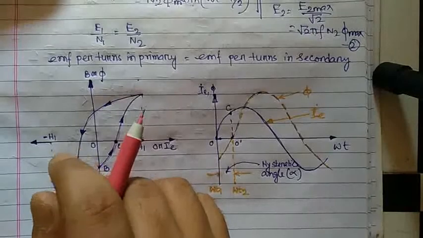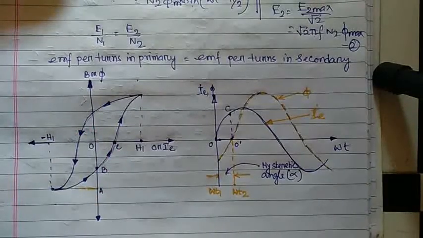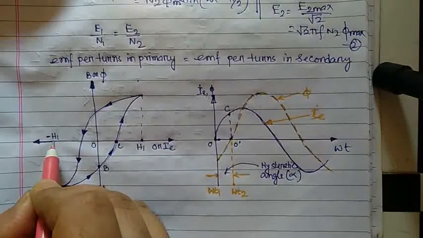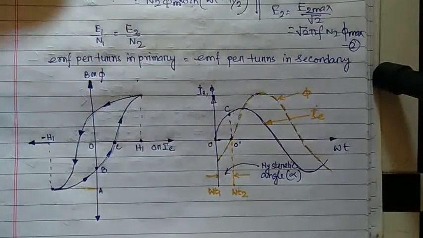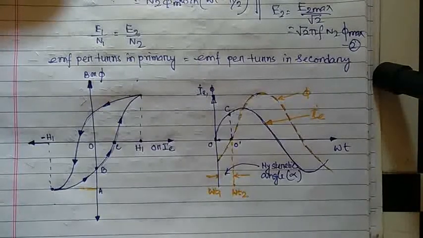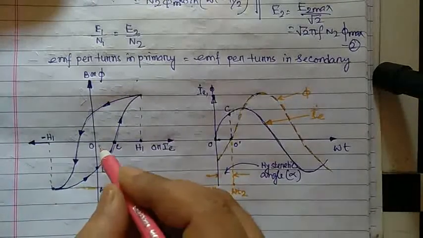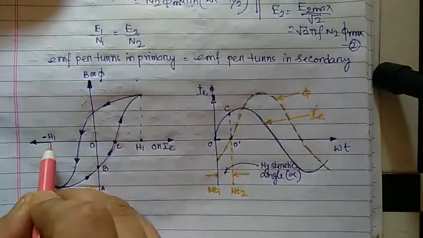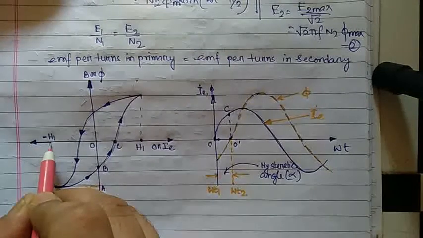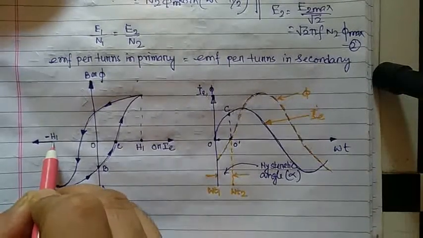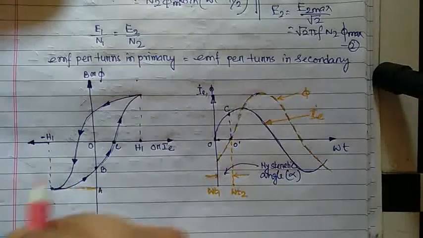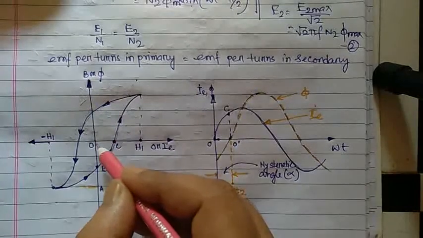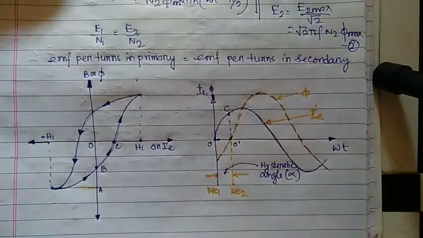When magnetic force is minus H1, at that time the flux density has its maximum value, that is OA. Again we say, when magnetic force is minus H1, the flux density or flux has value OA.